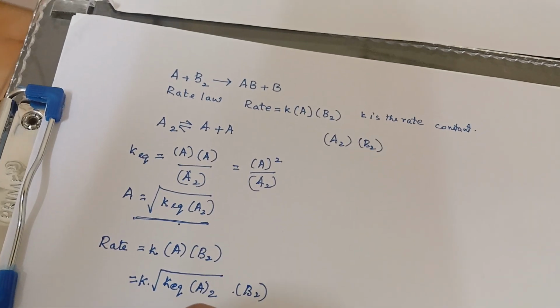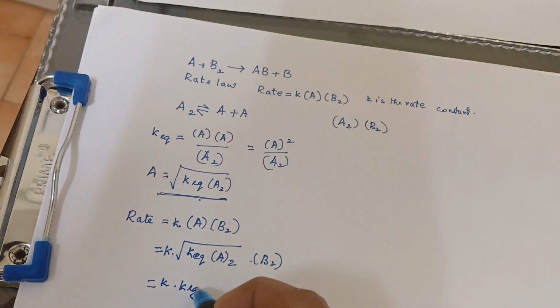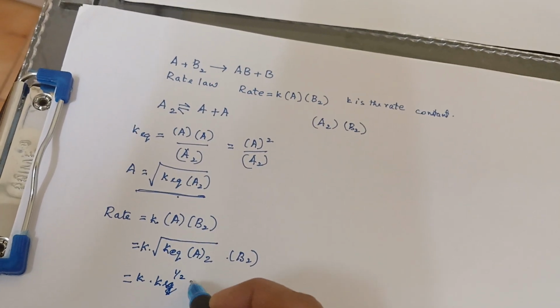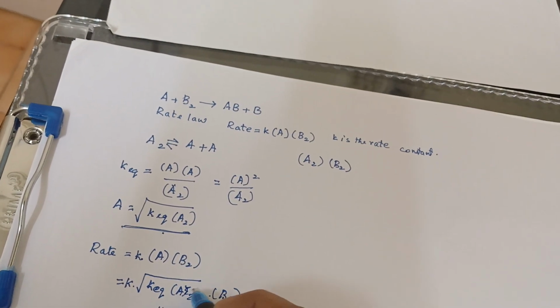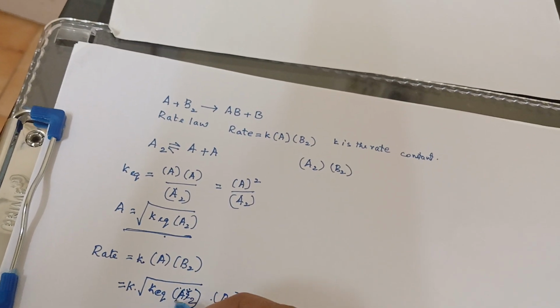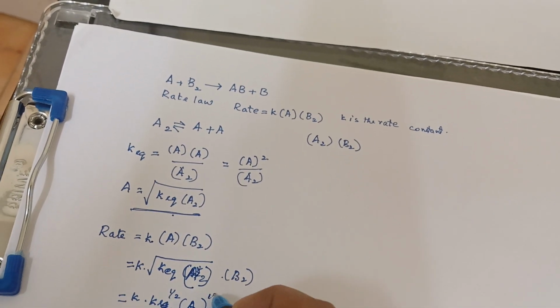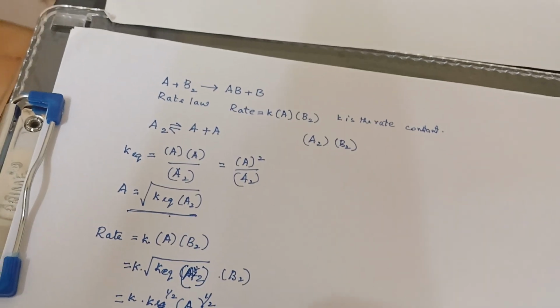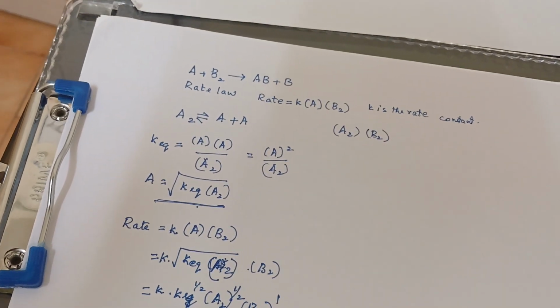So from this we can write it as K into K equilibrium raised to half, sorry, this has to be inside, A2 raised to half, B2 raised to 1.